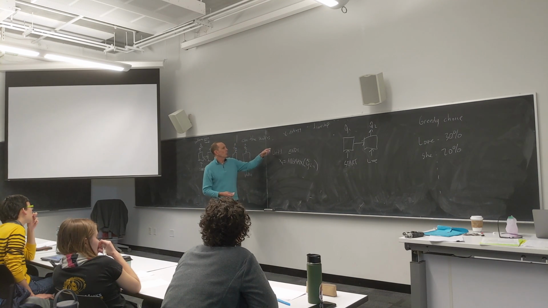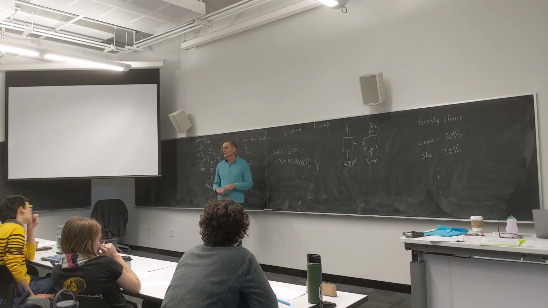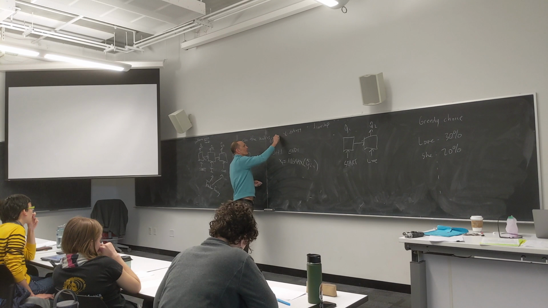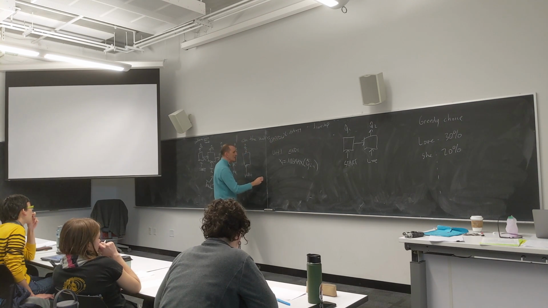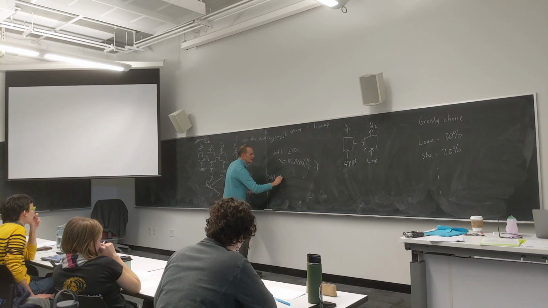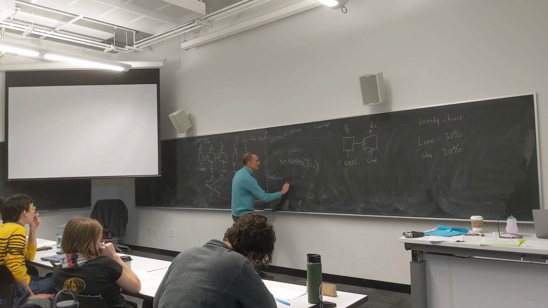So which algorithm is this? We've seen 2 so far. Greedy, yeah. This one's greedy. And we now have the sampling model, which is until end.